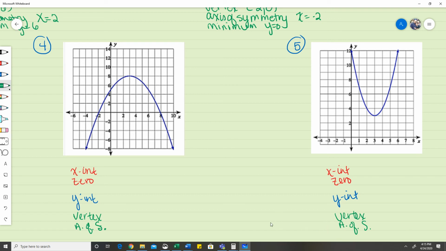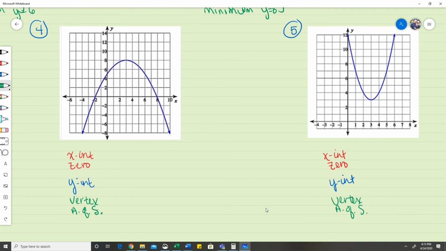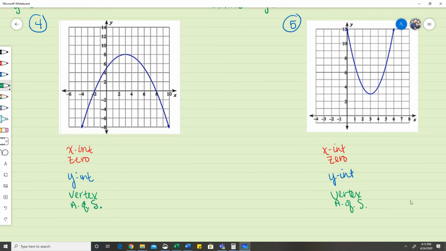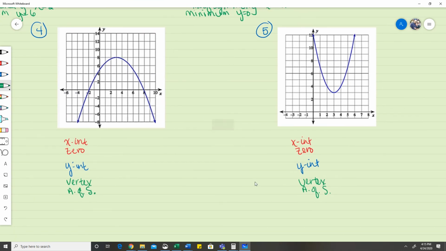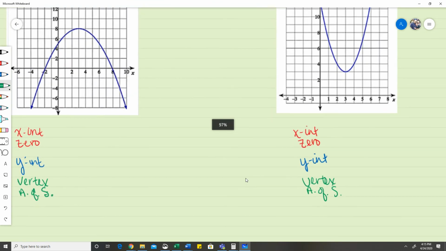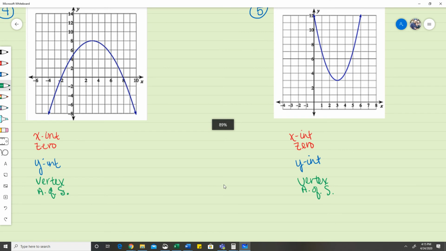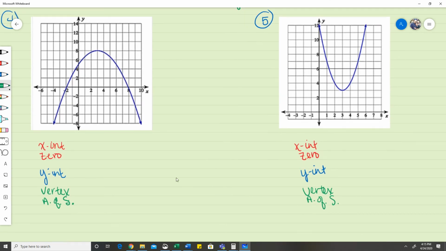Okay, guys. Hopefully you've paused the video. Now you've unpaused it. We're going to take a look and find these things now. Okay. So if we start with number 4, if I can get my sizing correct again. If we start with number 4 over here, our x-intercepts, we have 2 of them.